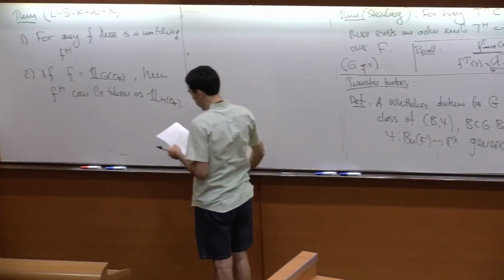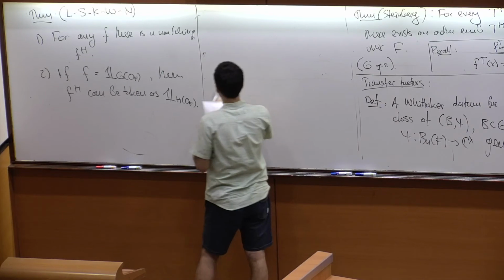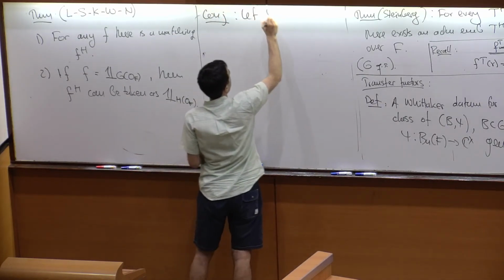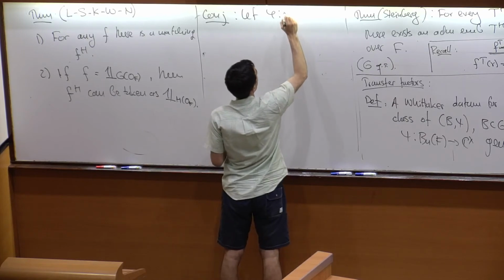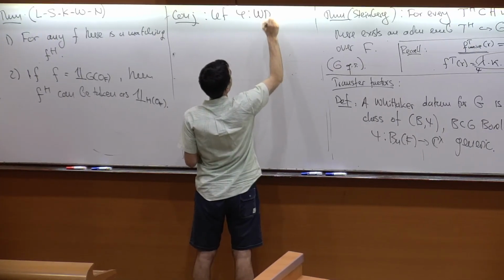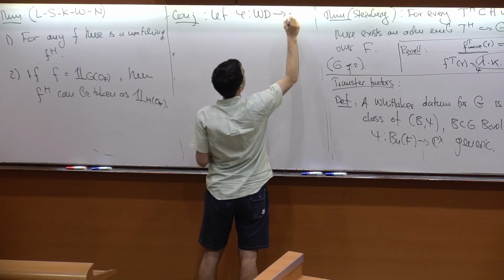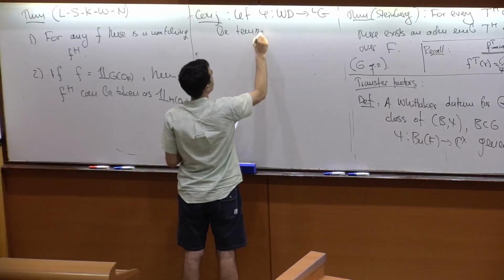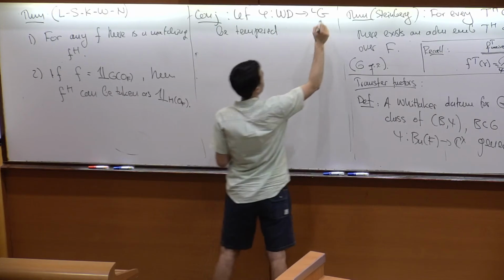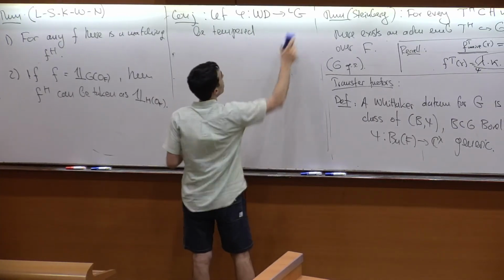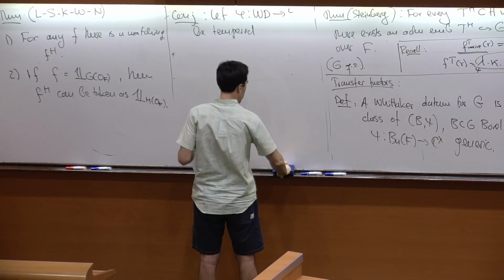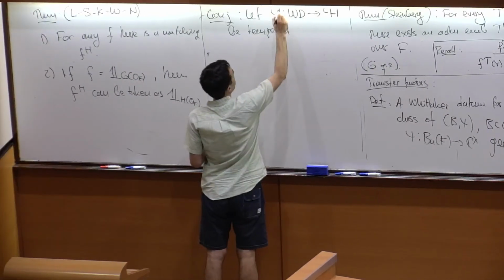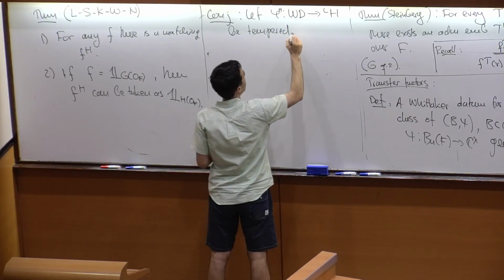Okay. And then finally, let me finish with the spectral conjecture. The spectral conjecture is the following. So let phi from the Weil-Deligne group of F to LG be tempered. Maybe let's take it to H. Let phi_H to LH be tempered.